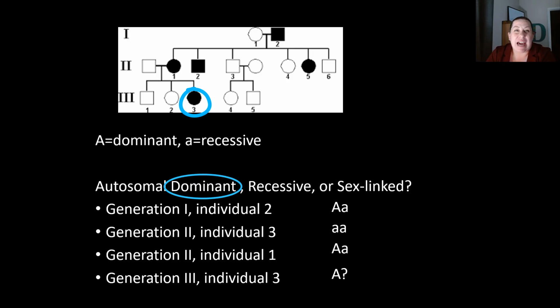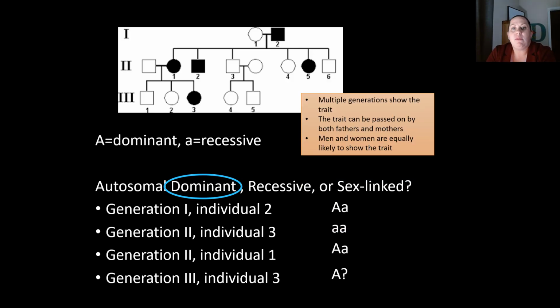However, since her dad was normal, there's a good chance she's big A, little a. The problem is the next generation would give us the for sure clue to what she is. And if you'll notice here, there's no X's or Y's present because it doesn't matter if they were male or female.